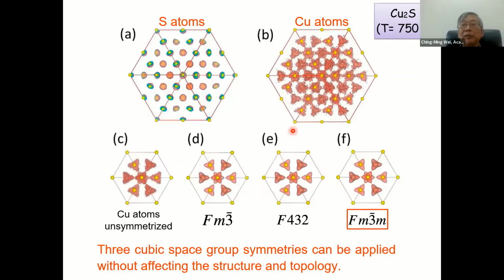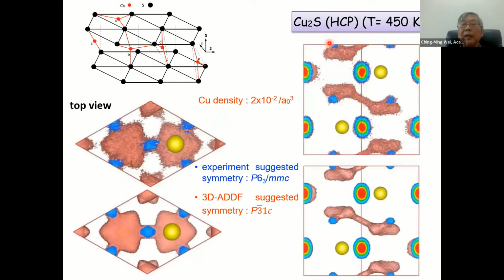So we also do the same simulations and patiently do the MD simulation. And this is the FCC system, and you can see the 3D atomic density distribution function. And for the hexagonal close pack, it's most interesting by summing only copper atoms inside a primitive unit cell or one by one unit cell. You can see here these are the sulfur atoms. This is the framework.